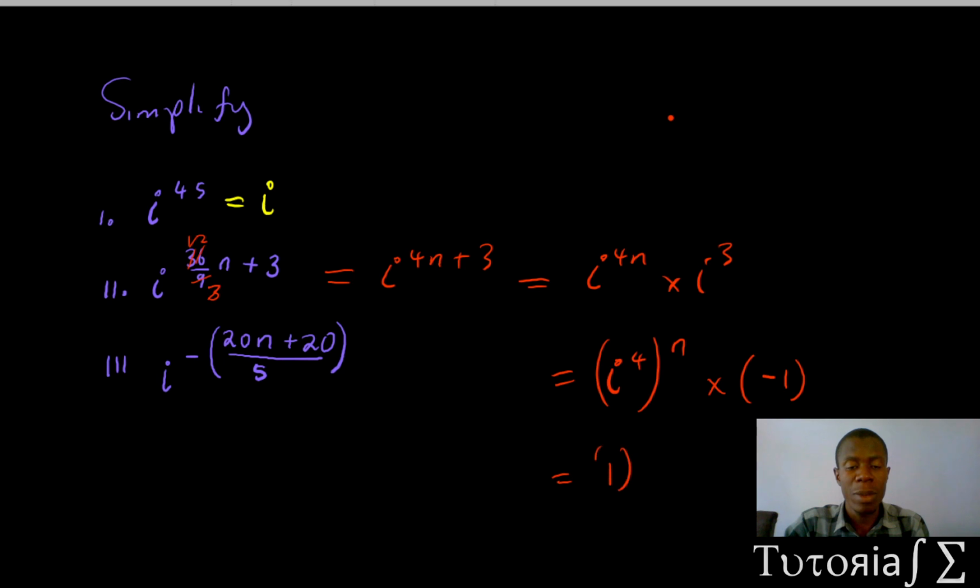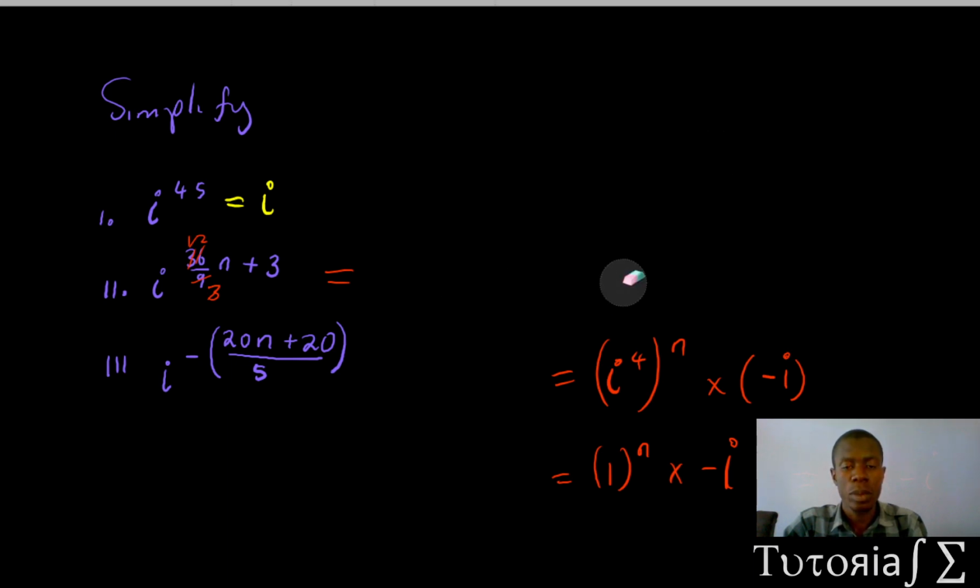So that will be positive 1 to the power n times -i. 1 to the power any number gives us 1, times -i. So our final answer here is -i.